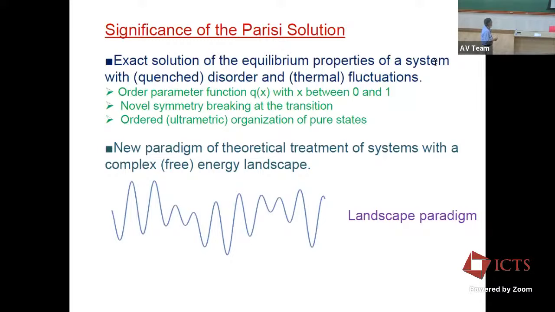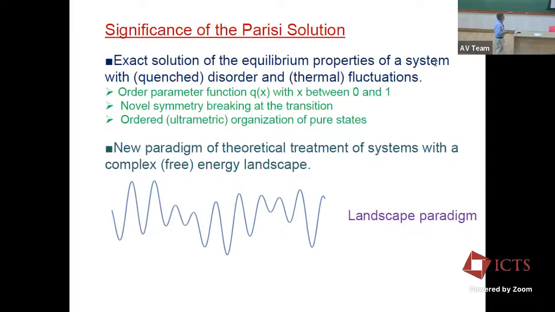Then, as I just told you, this ultrametric organization of the pure states, which is coming from the tree-like structure of their organization. All these things are new. They may or may not be realized in short-range spin glasses. But if they are, then of course it's more interesting. If they are not, still I think it is quite interesting to look at these things.